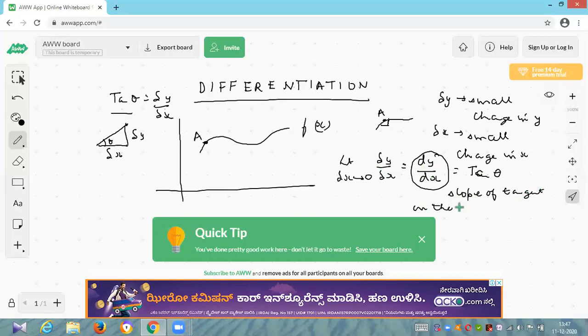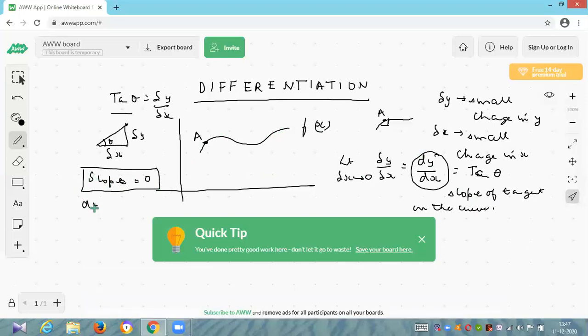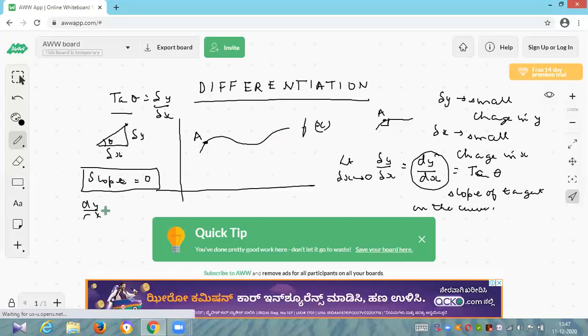Now, the next point is, as we saw here, that dy by dx is giving you the slope of the tangent at any point on the drawn curve, right? Now, suppose the tangent is horizontal, that means the slope is 0. So that literally means that at that point, dy by dx equals 0.